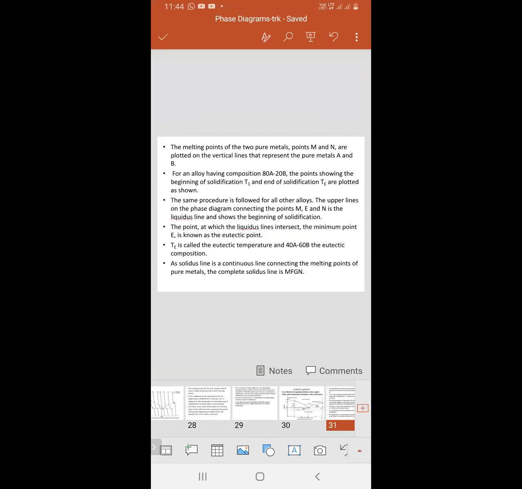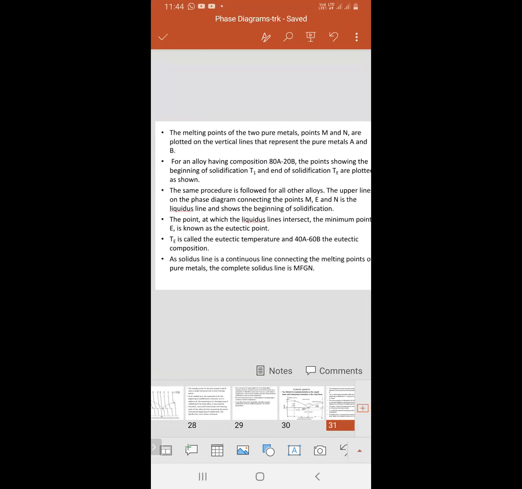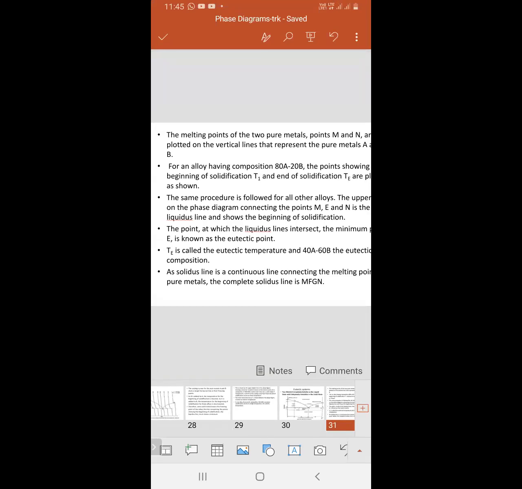The point at which the liquidus line intersects at the minimum point E is known as the eutectic point. TE is called the eutectic temperature, and that is the 40% A, 60% B eutectic composition.